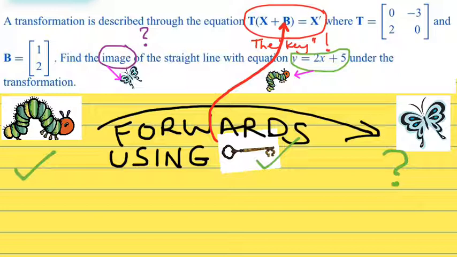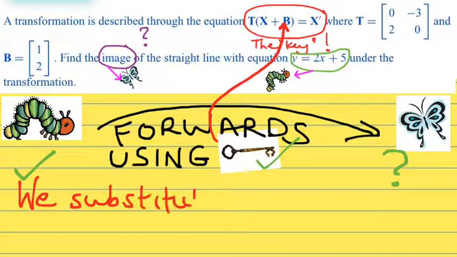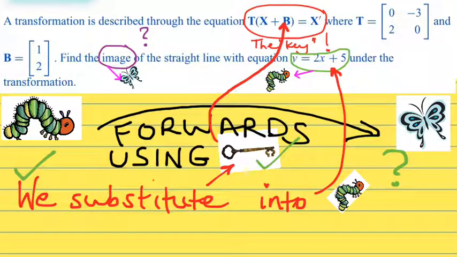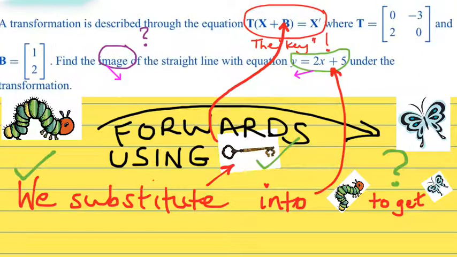So this is a forwards one. We substitute from the key. In other words, the key opens up the lock by substituting it into that keyhole, if you like, which is the untransformed function, and it turns the door to get the butterfly function and works it out for us. Okay, that's what we do. So, let's go for it.